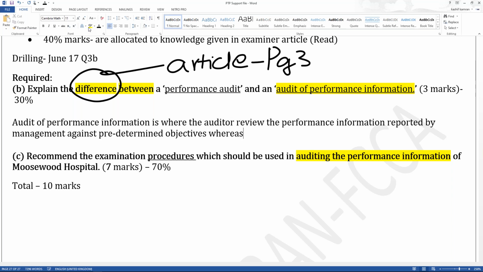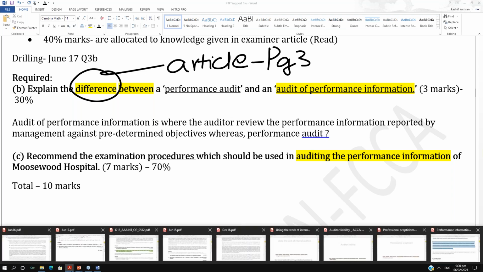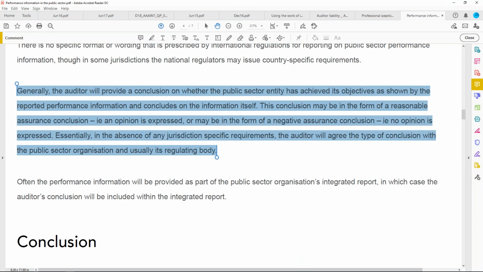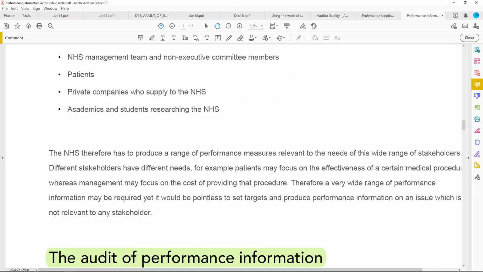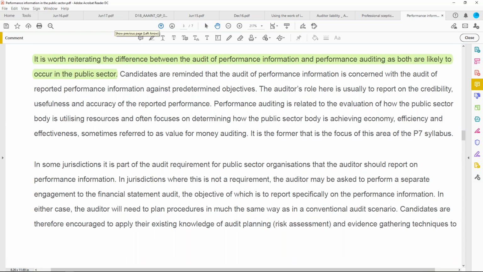Whereas performance audit. Let's see what is a performance audit and find the difference. Go to the article, page number 3. And on page number 3, the examiner will tell you the difference. The examiner is writing on page number 3 the same paragraph we read.